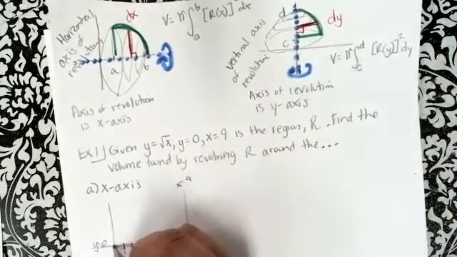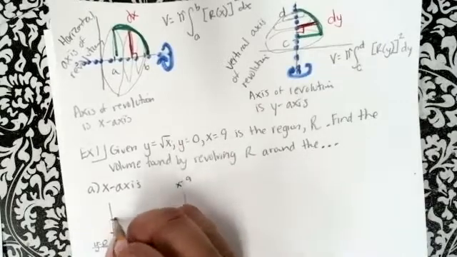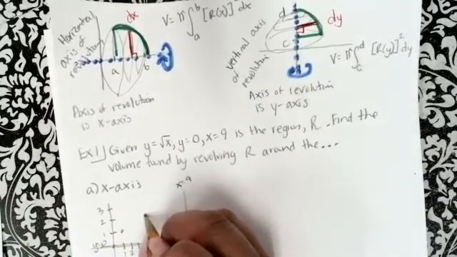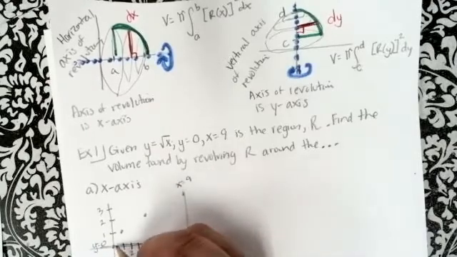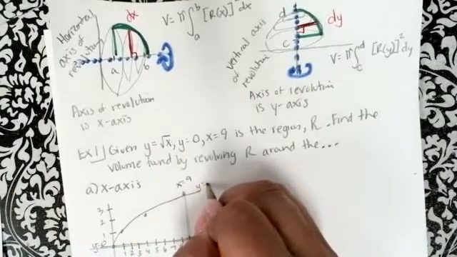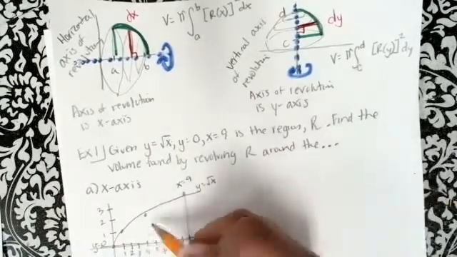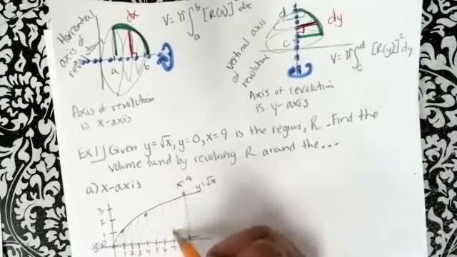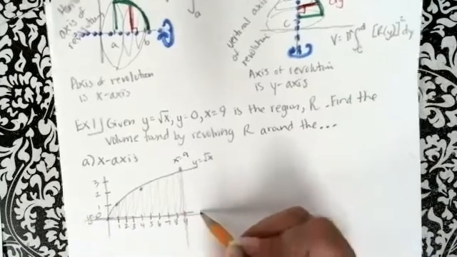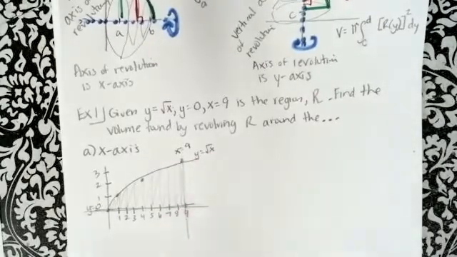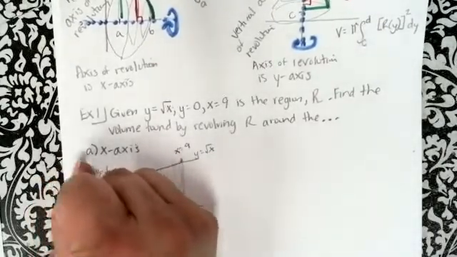And then square root of x: the square root of 0 is 0. The square root of 1 is 1. The square root of 4 is 2. The square root of 9 is 3. So keep in mind, we also had y is 0. So this is a solid that you are going to start doing the volume of. So basically, I'm going to revolve it around the x-axis.